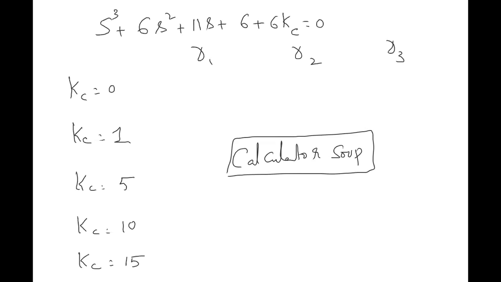So the first question is Kc equal to 0. Remember, this is not important from a GATE point of view, but I want to tell you some interesting phenomena. The first one I got is -1, -2, -3.